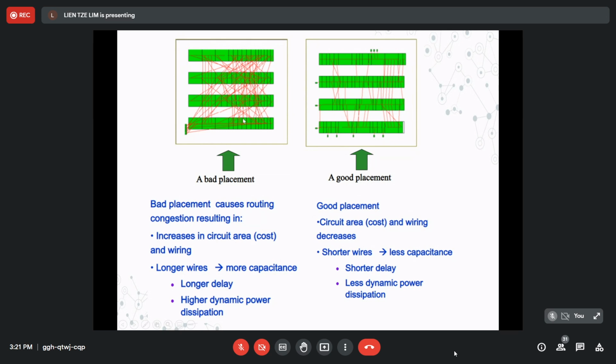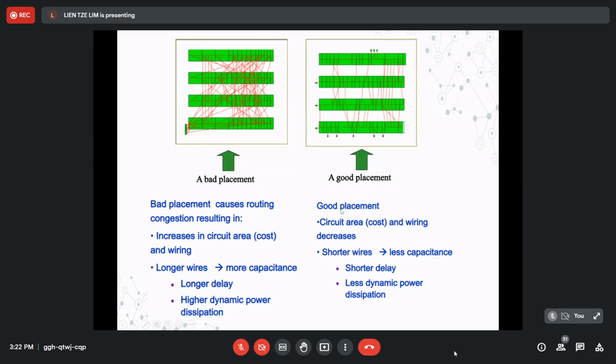Here you can easily see that all these routes or wires are longer, and the longest wire will cause longer delay. There will also be more capacitance, and the power dissipations are also higher.